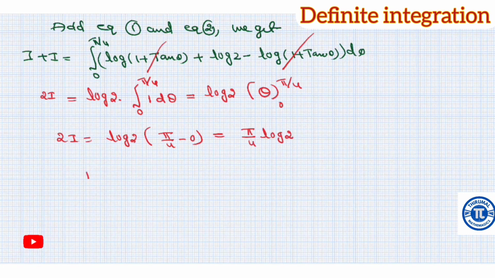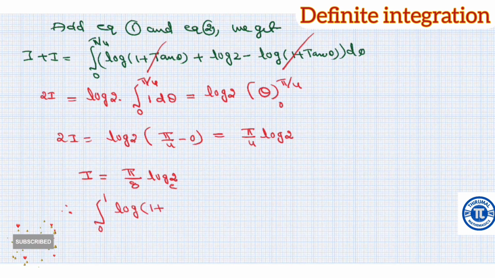Then I equals pi by 2 times 4, that is pi by 8, into log 2 base e. Okay, now I value: integration 0 to 1 of log of (1 plus x) by (1 plus x square) dx is equal to pi by 8 into log 2 base e.